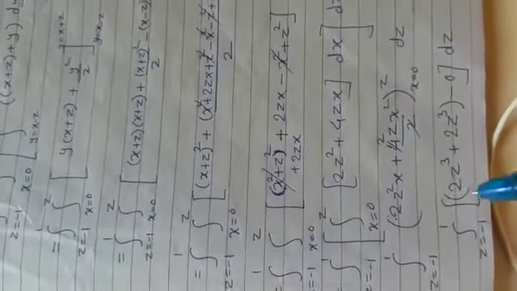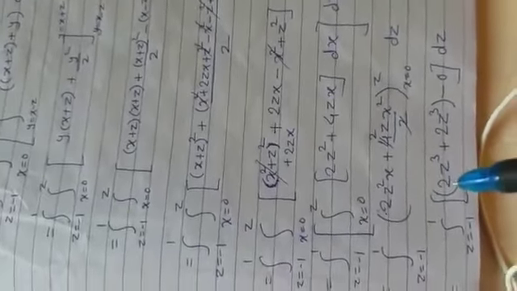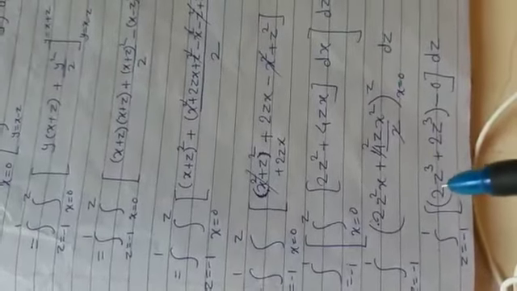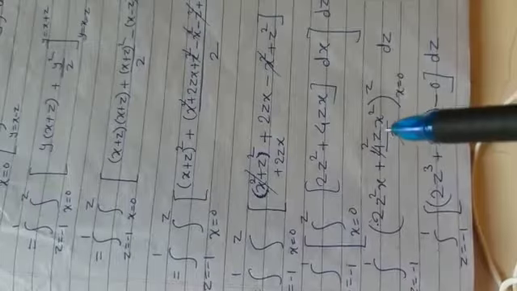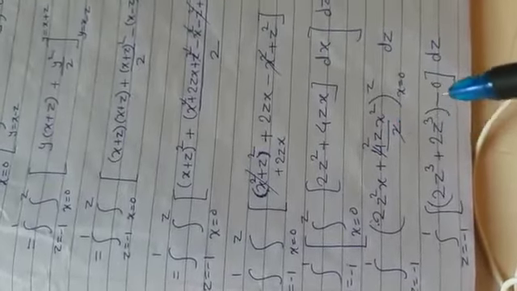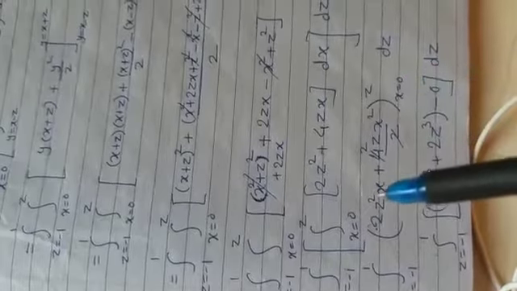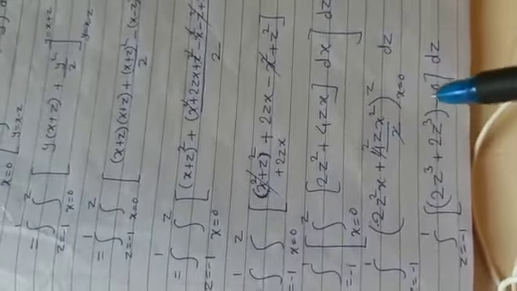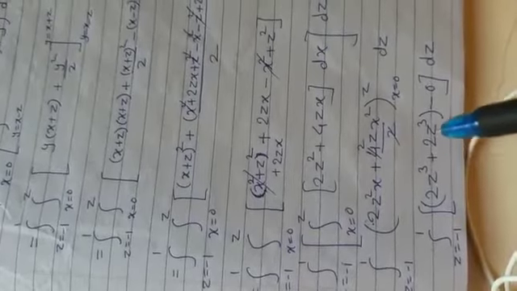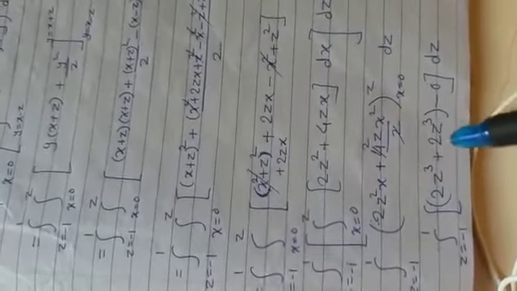So upper limit minus lower limit will give us 2z square into z, which is the upper limit, that means 2z cube plus 2z cube. After putting the lower limit x equal to 0 you will get the value 0. That means you will be left with 4z cube as the integral.